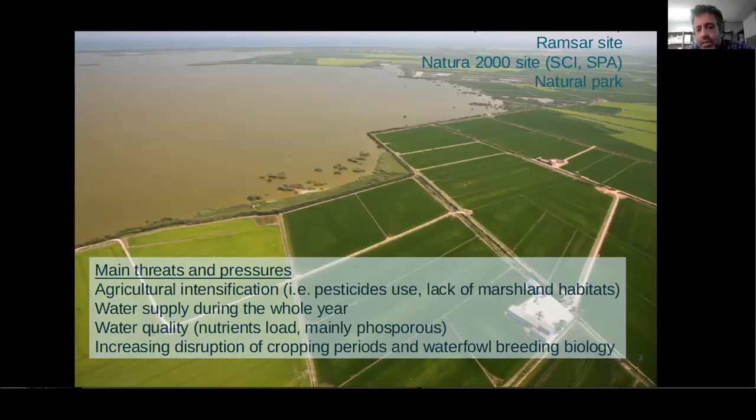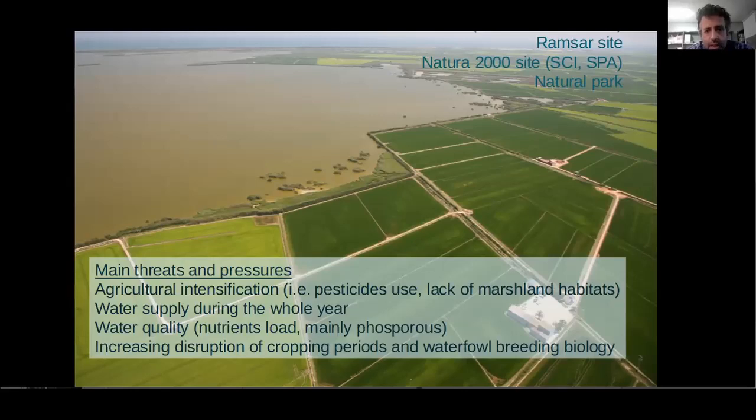As you see in the image, the intensification of rice fields is very intense, and there are very few natural habitats surrounding the lagoon. Also in this image, you can see the second problem for biodiversity in Albufera, the high load of nutrients in the waters.